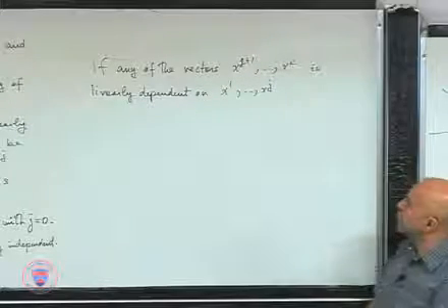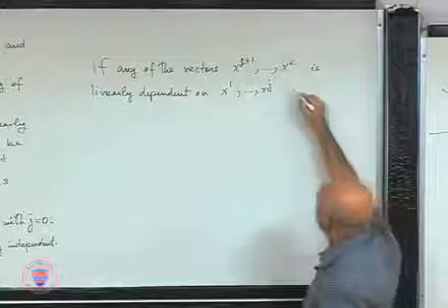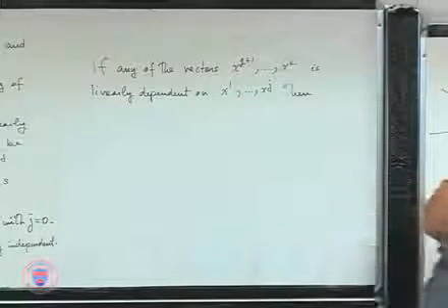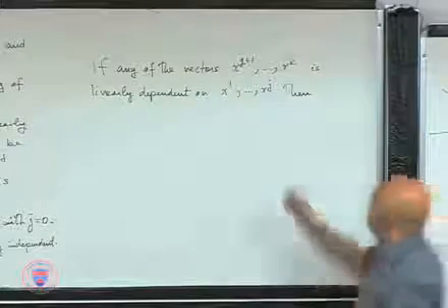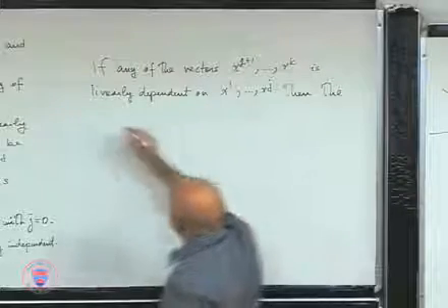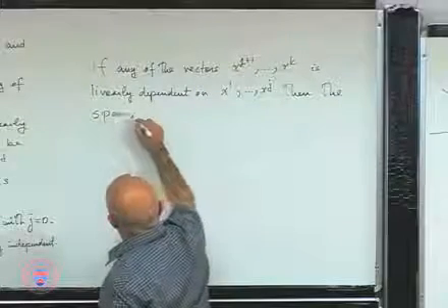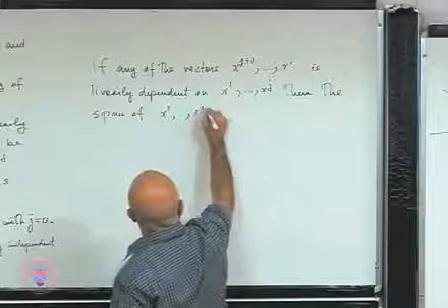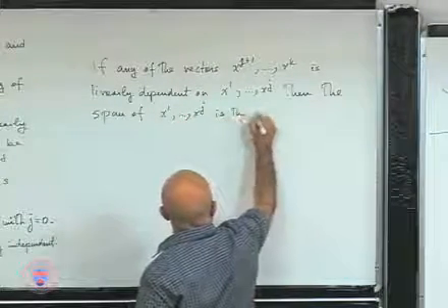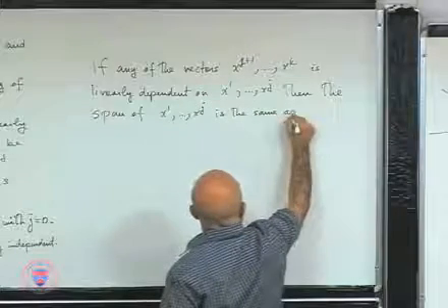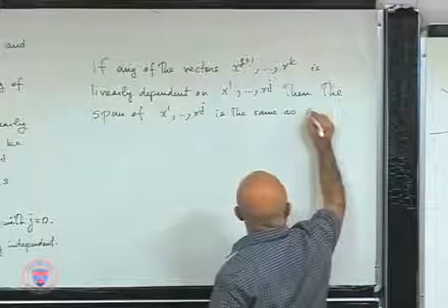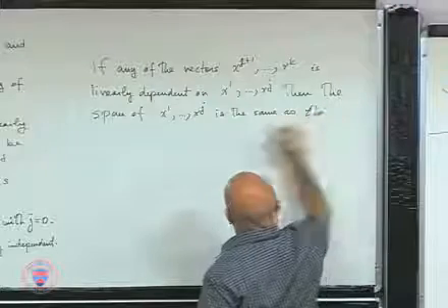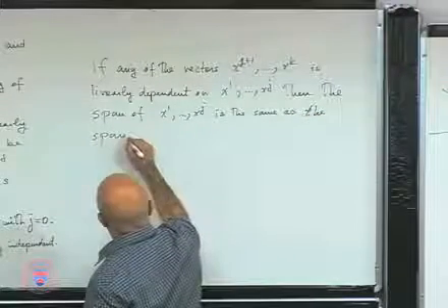If that is the case, then the span of x1 through xj is the same as the span of the entire set.